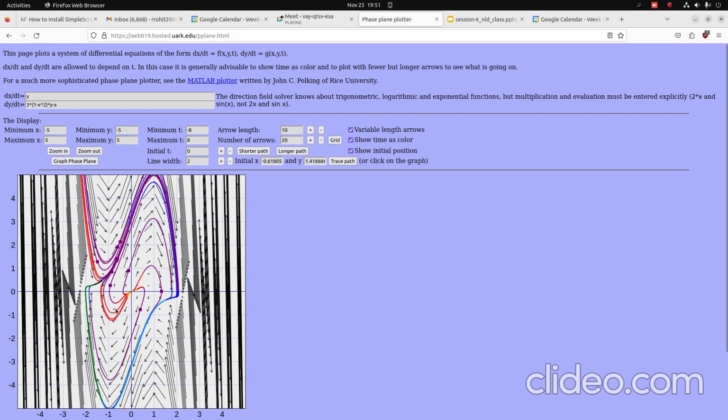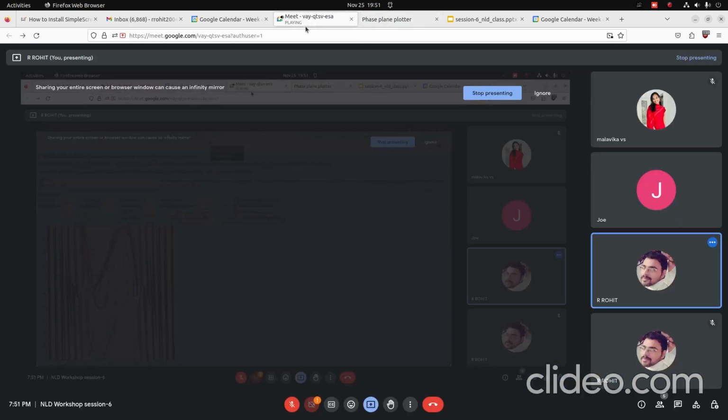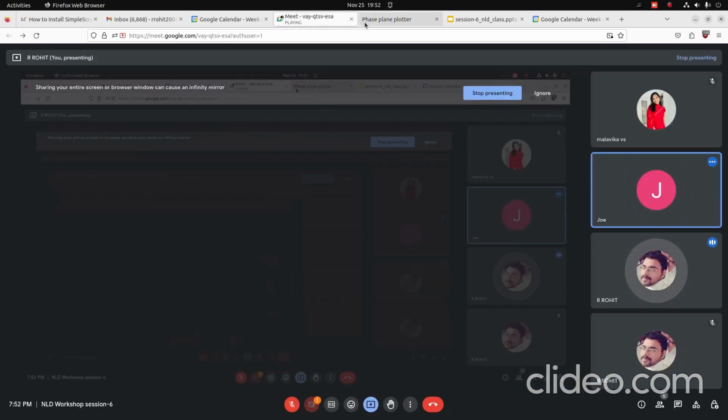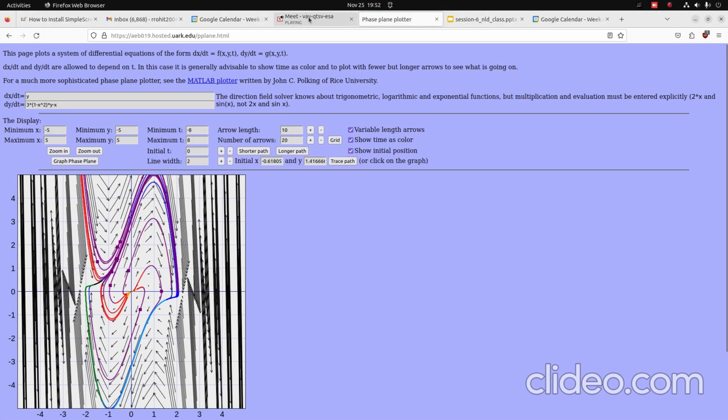Any curve that starts inside will go to this curve, and whatever starts outside will also come to this curve. So it's a stable limit cycle. So the van der Pol equation has a unique and stable limit cycle. So that's what I wanted to show.